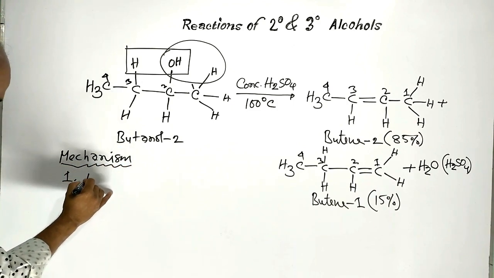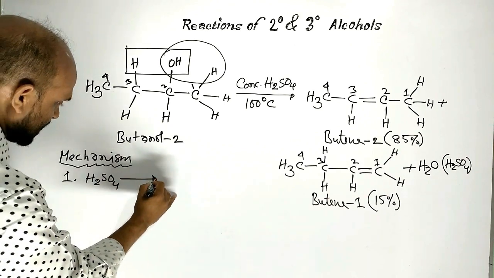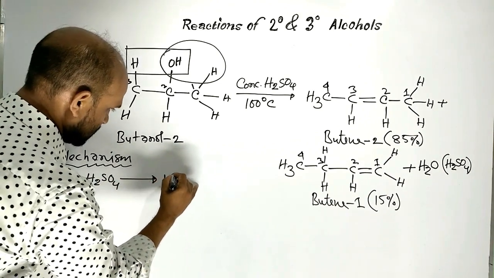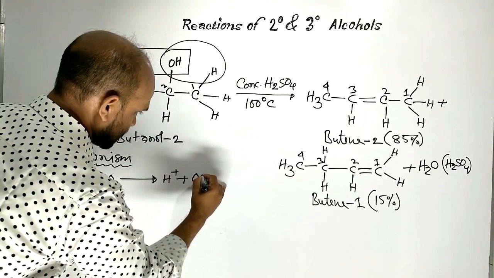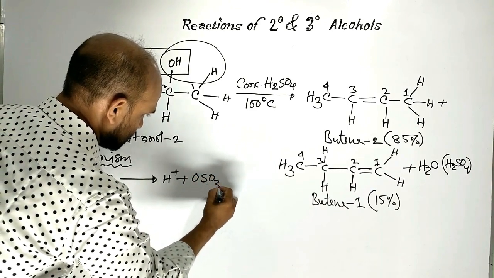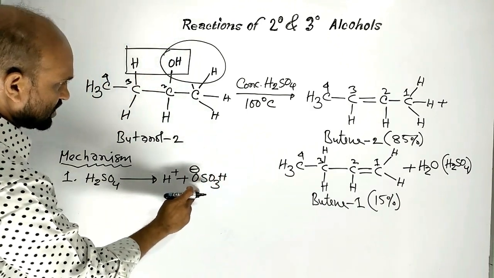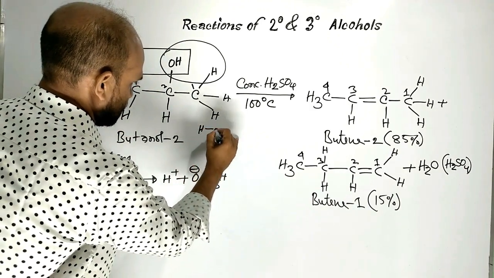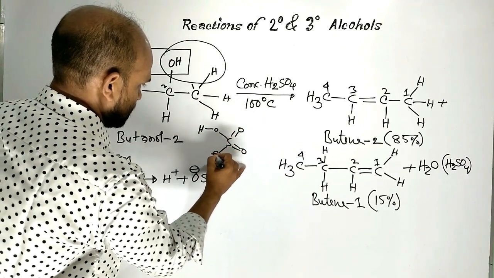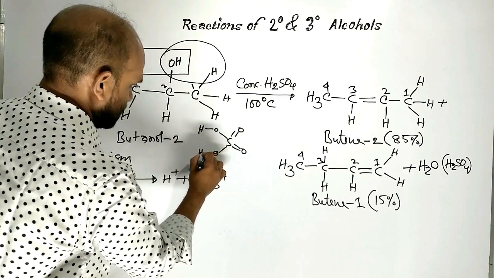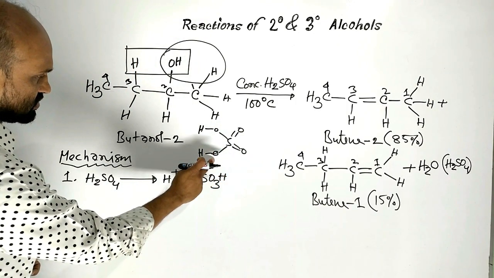Step 1. Sulfuric acid ionizes to proton and bisulfate ion. Structure formula of sulfuric acid.